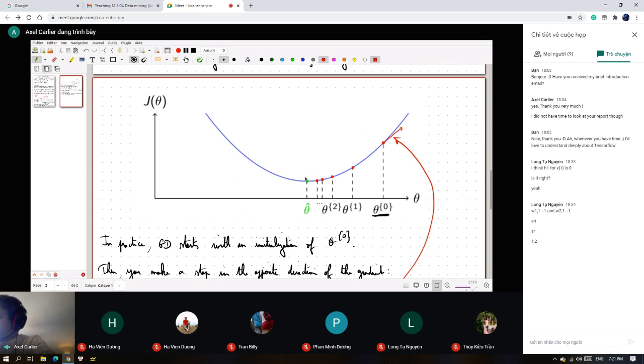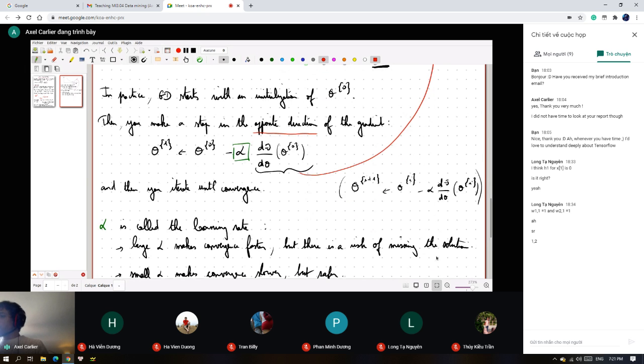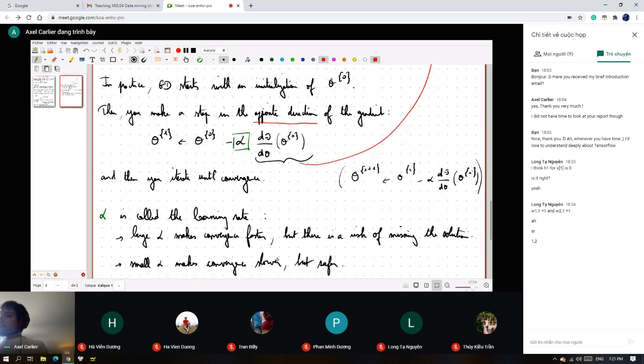You will basically go there, and then go there, and then go there, because the step is too big to really stop there. So you oscillate over the solution. And this really happens a lot in practice with gradient descent. And so that's what I mean by there is a risk of missing the solution.